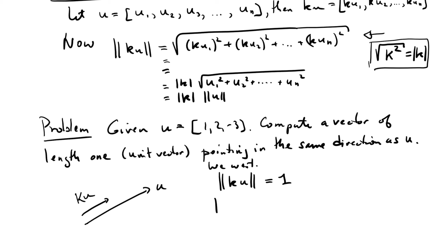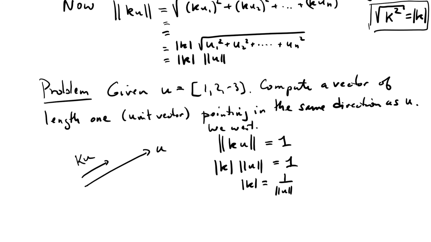Now, based on our previous result, this is the absolute value of k times the norm of u, and that should be equal to 1. So I'm going to solve for k. The absolute value of k is 1 over the norm of u. So there are two possible values for k: plus or minus 1 over the norm of u.